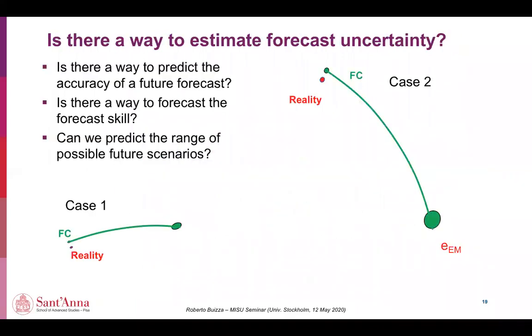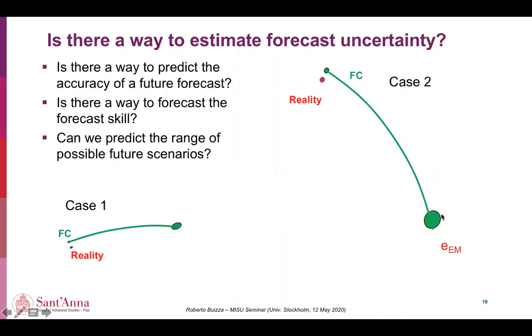Now, there is a way to estimate forecast uncertainty. This is what people started working on in the 80s and the beginning of the 90s. Clearly, if you have one single forecast only, you know reality today, you launch your forecast, you don't really know where reality will end up.